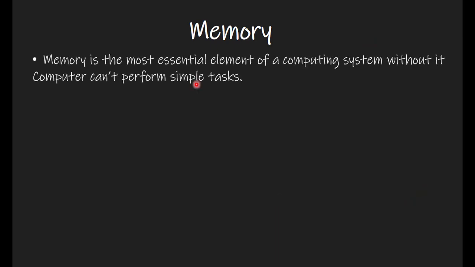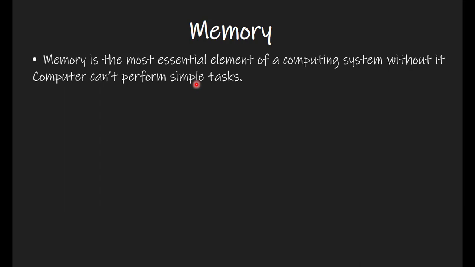Let's move to memory. Whenever the processor processes some information or data, it may need to temporarily keep information and data to facilitate its performance. So it needs some memory to do so. We can say memory is the most essential element of a computing system.